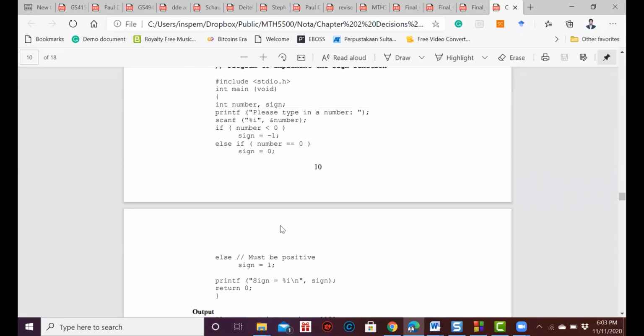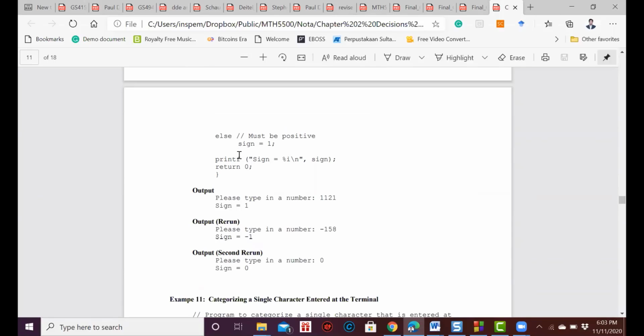This is simple, straightforward three-way selection logic: if, else if, and else. This one is condition 1, this one is condition 2, and if all the conditions above are not satisfied, then go to this statement. Then print sign equal to sign.